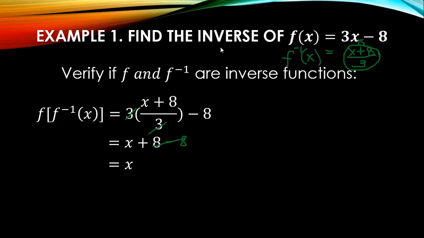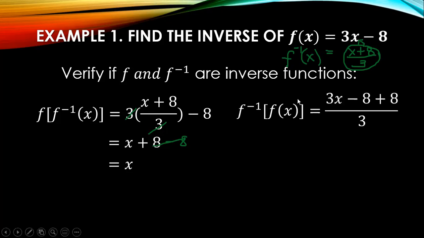Kabaligtaran naman. So, si 3x minus 8 naman yung ipapasok natin or isa-substitute natin kay x plus 8 over 3. So, that is f raised to negative 1 of f of x. Pinasok natin yung f of x kay f raised to negative 1. So, ang nangyari, 3x minus 8 plus 8 over 3. So, cancel out si 8.